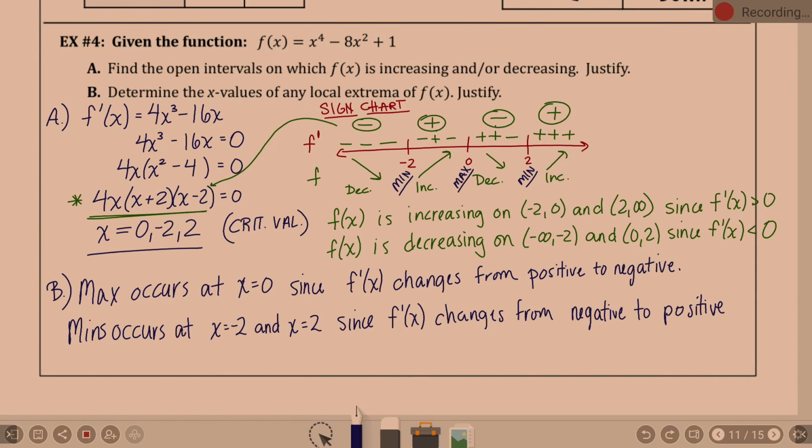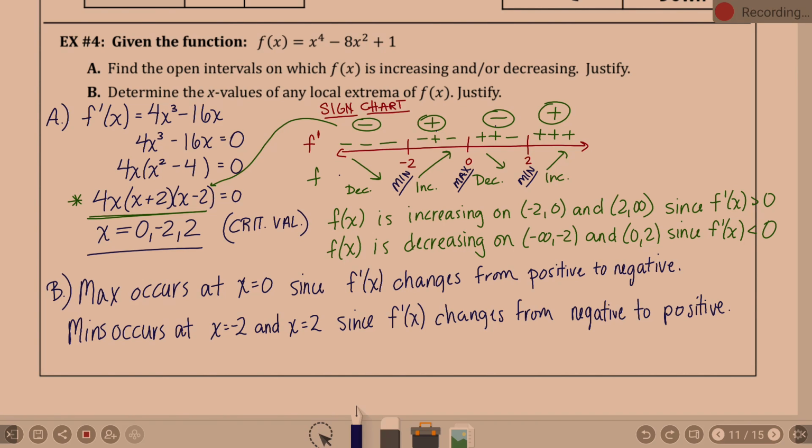And notice I was very particular in that the words are positive and negative, not increasing and decreasing as if we were talking about the function itself, f. We are specifically using f prime of x because f prime of x is our work. That's our justification. That's what tells us it's increasing, decreasing, and thus creates maxes and mins.